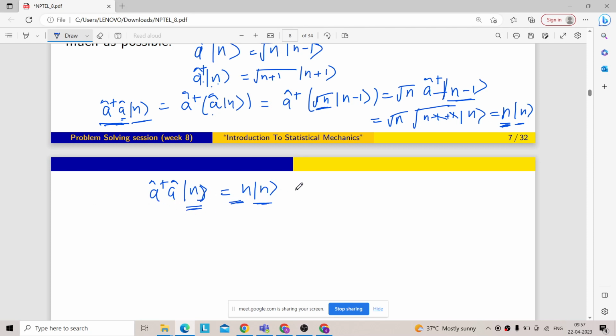This is an eigen system. When the state remains constant, then this system is called an eigen system. An operator is acting on this state, and it's giving some eigenvalue, and the state remains unchanged. So this kind of system is called an eigen system. So this is the eigenvalue then.